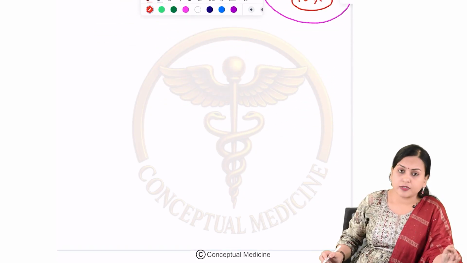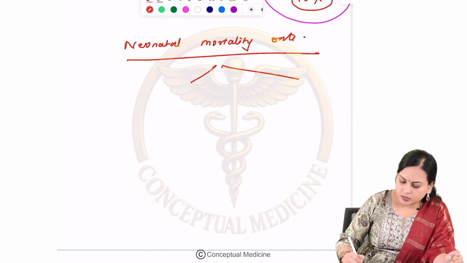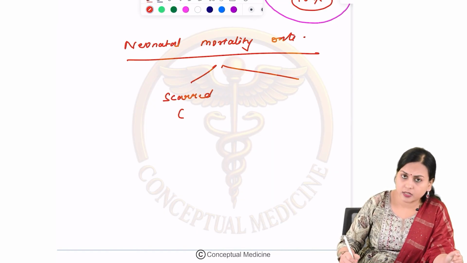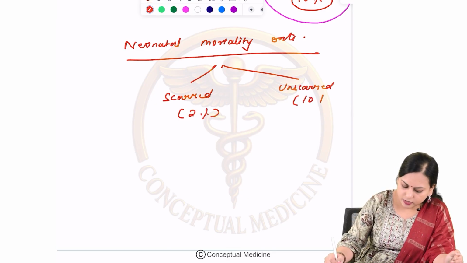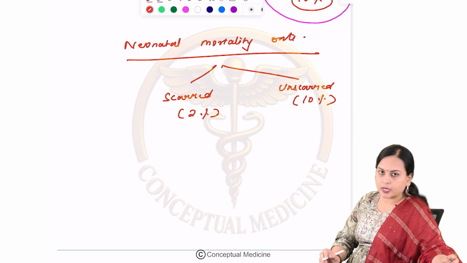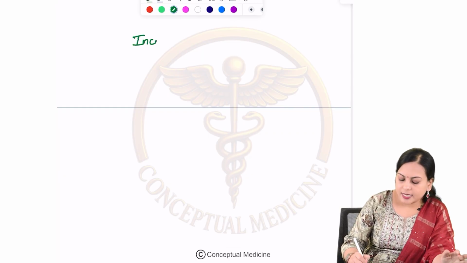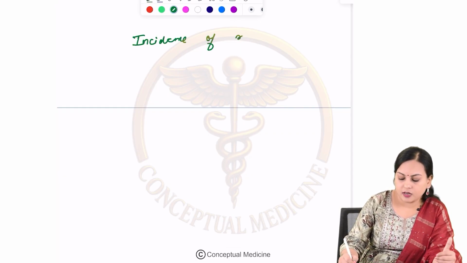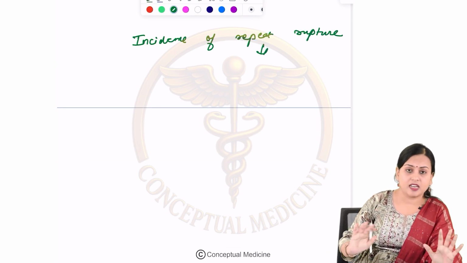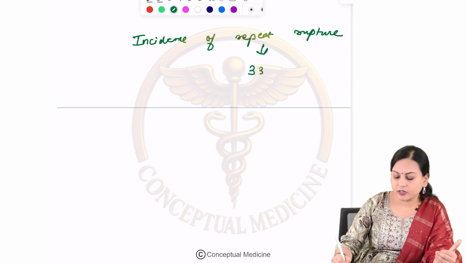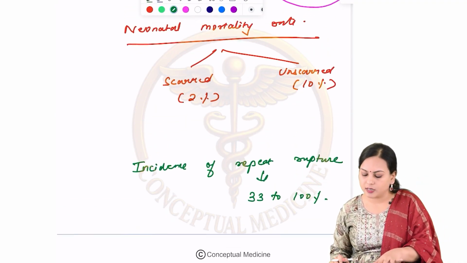And also, when you take the neonatal mortality rate, in a scarred uterus this is around 2%, whereas in an unscarred uterus this is around 10% again. Okay? And then, the incidence of repeat rupture in the next pregnancy can be anywhere between 33 to 100%. So that much significance it has.